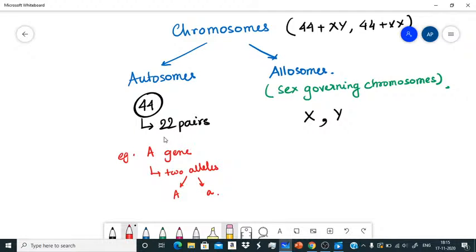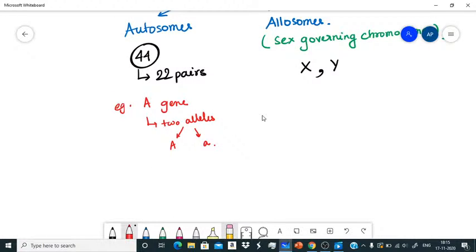Now if we have the arrangement like capital A capital A, that is known as homozygous, or even small a small a. Or if we have capital A small a, that is known as heterozygous, isn't it? We know all this, right?